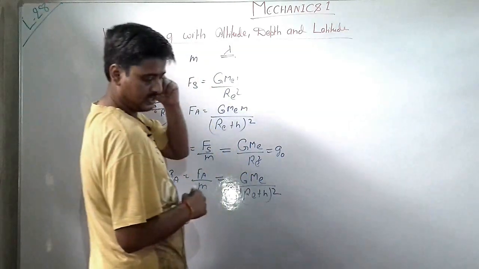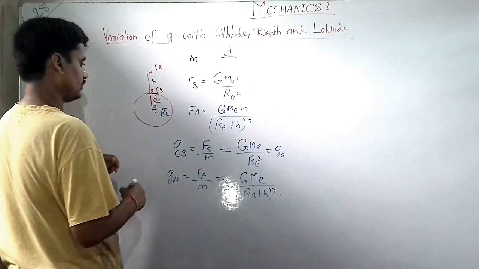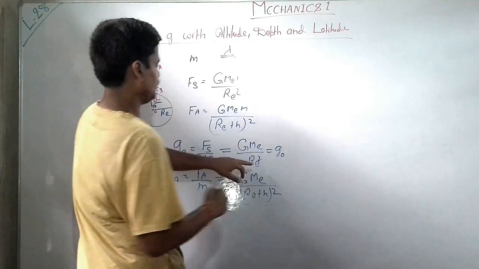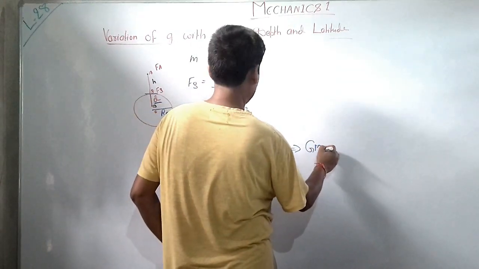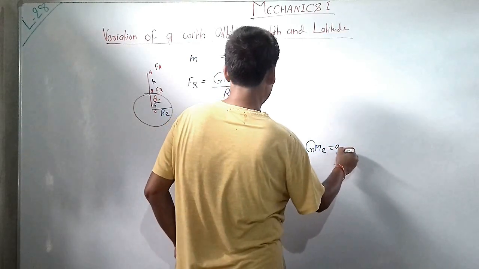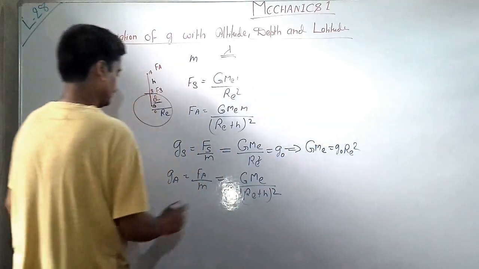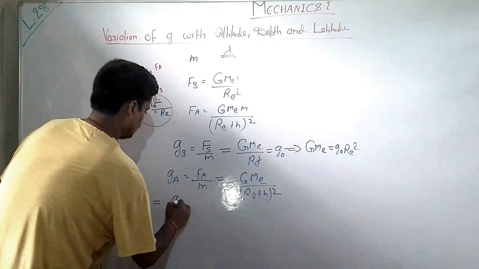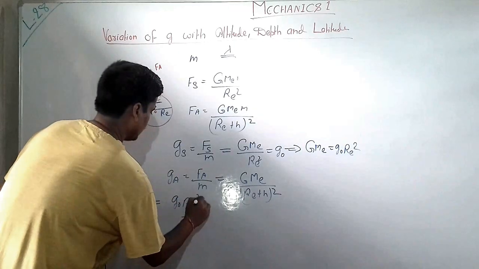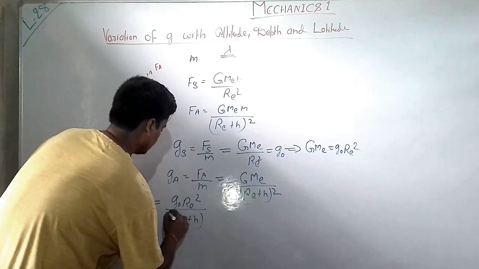This is Ga. Now we can write G m_E as g naught R_e square. Now we plug this into this equation and we will get g naught R_e square divided by (R_e plus h) square.